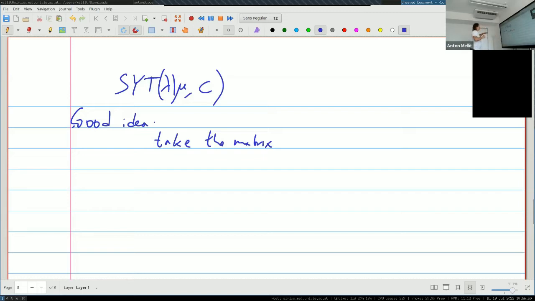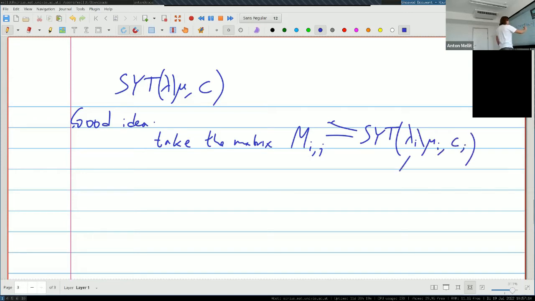where we have all possible skew shapes and all possible contents, and make the matrix. So M_ij equals SYT of lambda_i over mu_i and C_j, where i goes over all shapes and j goes over all possible multi-sets.